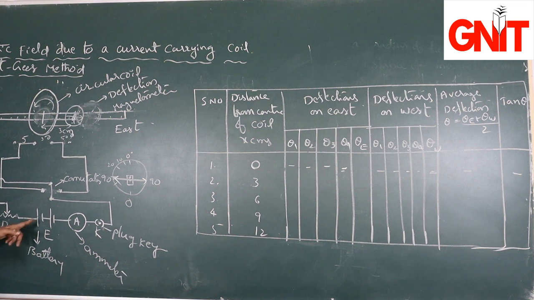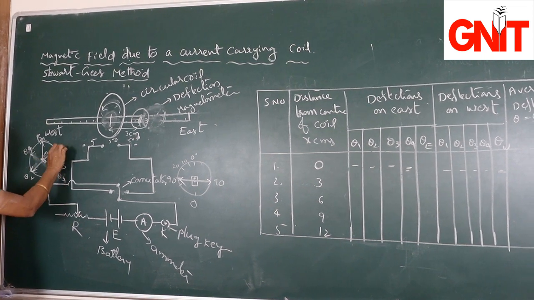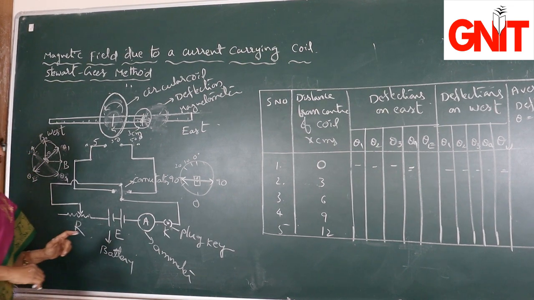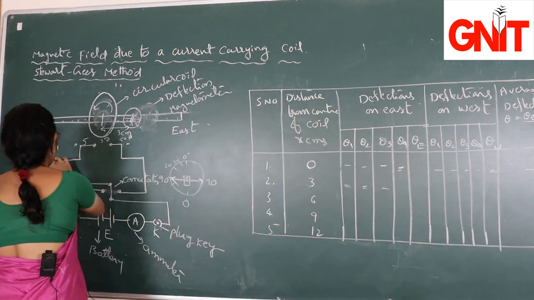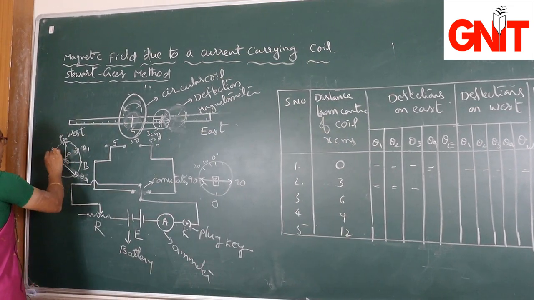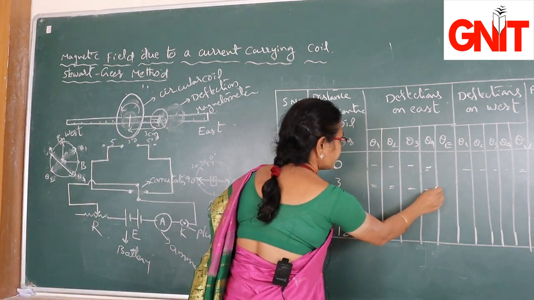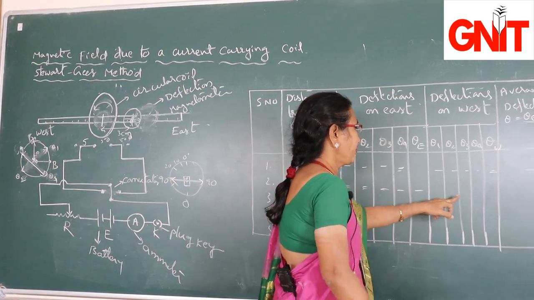This time also you will measure some angles, theta 1 and theta 2, which are less than our previous case. That value you will note down here. Now, reverse the direction of the current, the deflection also reverses. This is theta 3, theta 4, which is noted down here, and take the average of these values and write the value here.